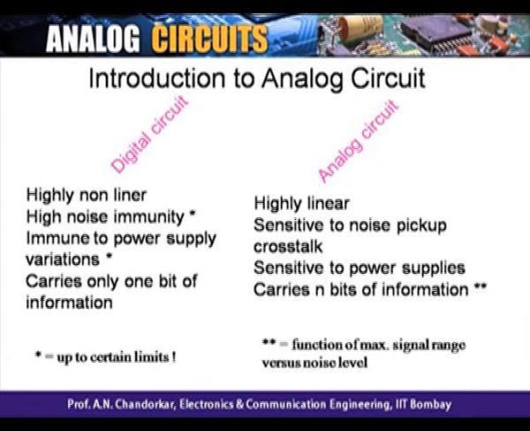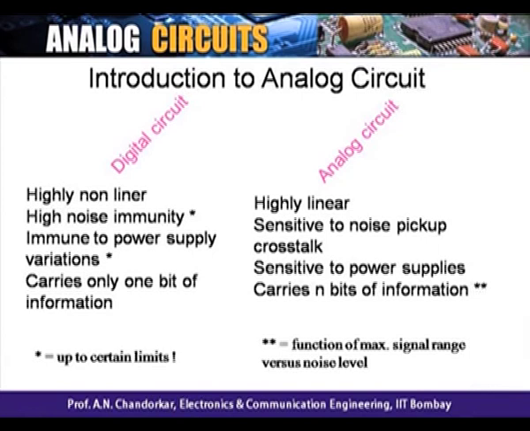I just said VDD by 2 to VDD is 1, 0 to VDD by 2 is 0, huge noise immunity, immune to power supply variation. If a 1 volt supply becomes 800 millivolts or 950 millivolts, who cares, that is within noise margin. Whatever happens, let it happen. I don't care. And it only carries at a time only 1 bit of information, 1 or 0.